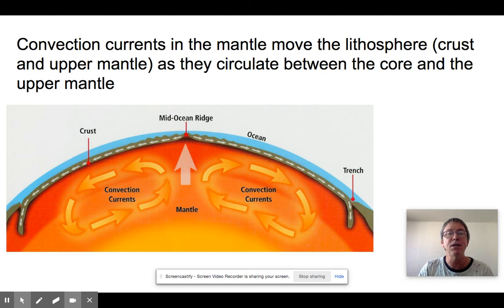These convection currents happen in different parts of it, but the place we're most concerned with in this topic is within the mantle. So the idea is the mantle is this semi-liquid material. You could think of it almost like clay or Play-Doh, if you know what that is, or thick cement. But basically, it's capable of movement, but not like a liquid. But it flows.